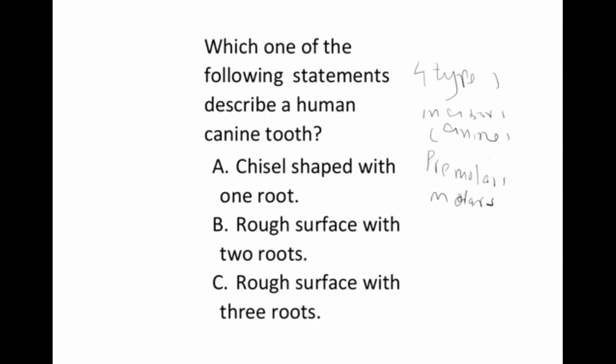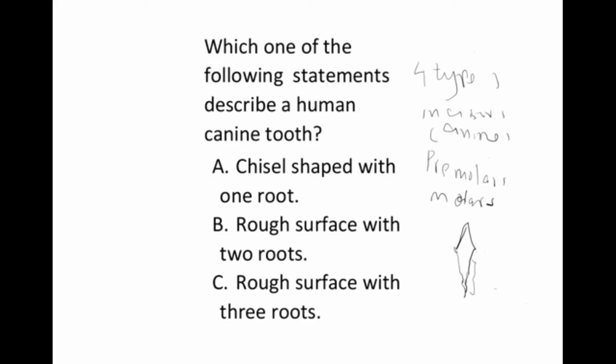So for our case here, we want to know more about the canine. So the diagram will help us to understand about the canines. When you look at the diagram of a canine, it usually looks like this. We have this part from here. This is the root.